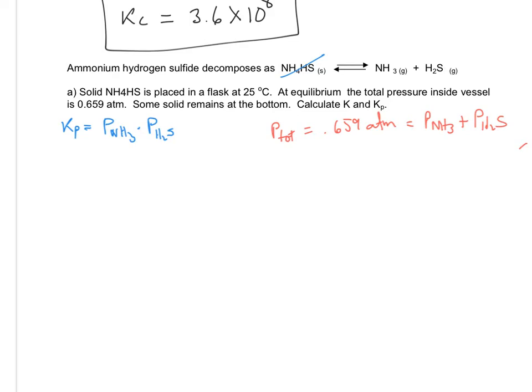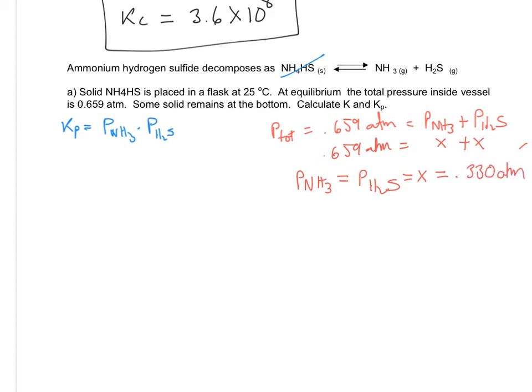And so I can say that 0.659 atm is equal to x plus x. They're both x's, and so the partial pressure of NH3 is equal to the partial pressure of H2S, which is x, which is 0.659 divided by 2, which would be 0.330 atm if you round.